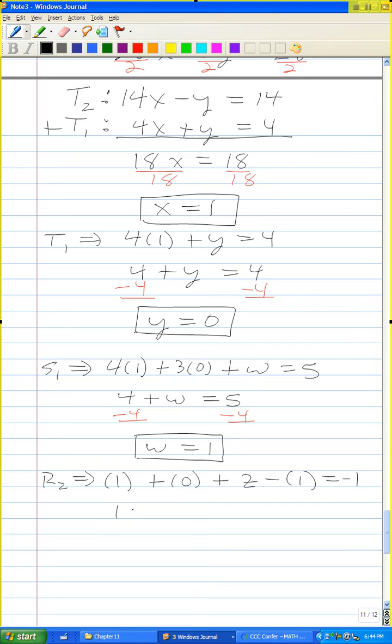And so I have 1 plus z minus 1 is -1. The 1's cancel. So z equals -1. So x is 1, y is 0, z is -1, w is 1. So I've solved the system. Good.